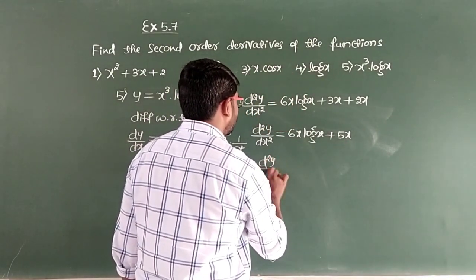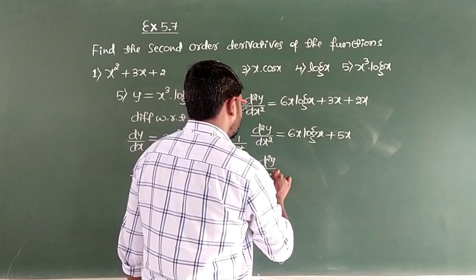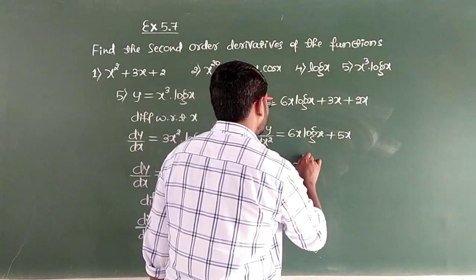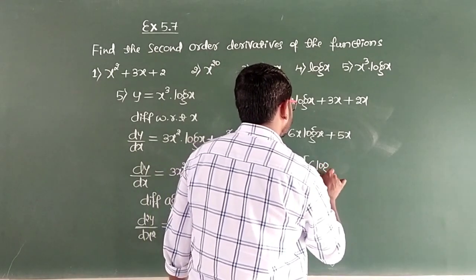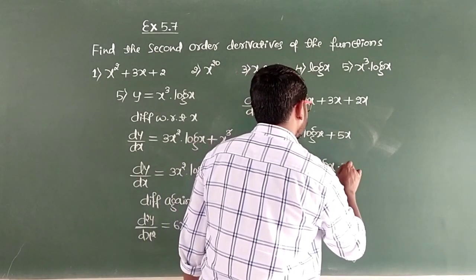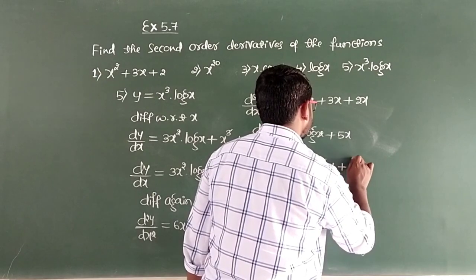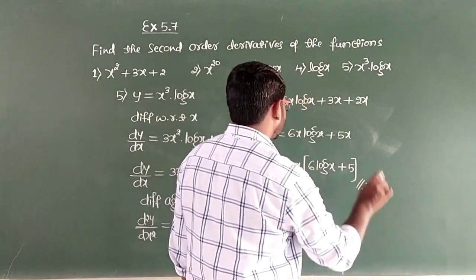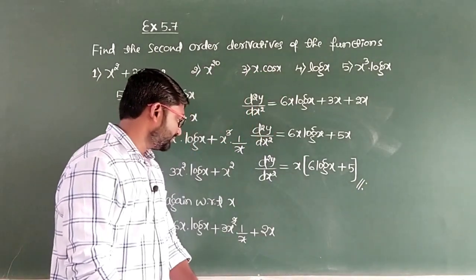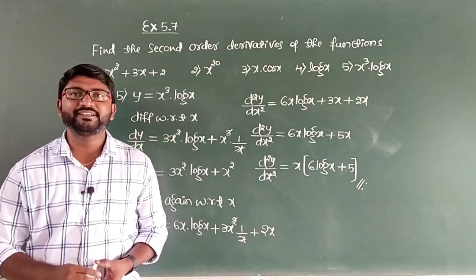D square y by dx square, which is equals to, if we take x common, we get 6 log x plus 5, or 5 plus 6 log x. So one and the same. So this is the answer for the question number 5. Note down this, then we'll take up the remaining problems in the next class.